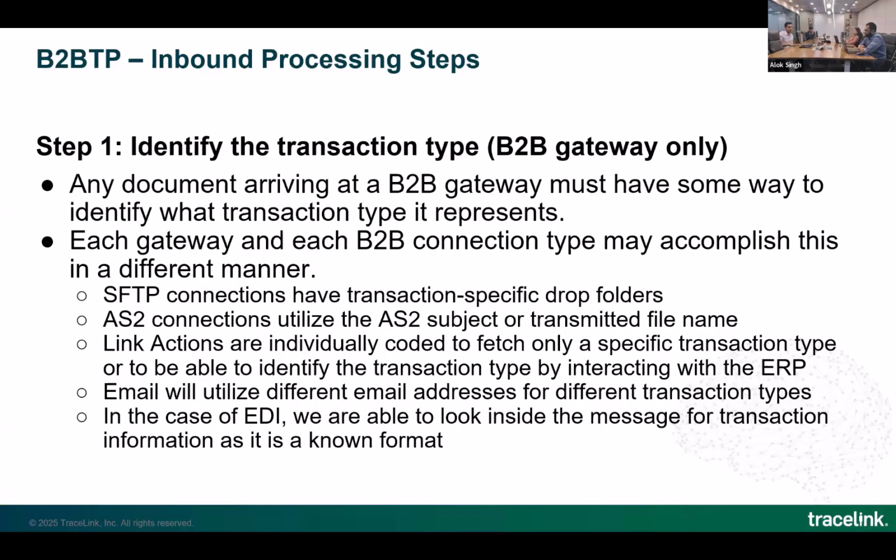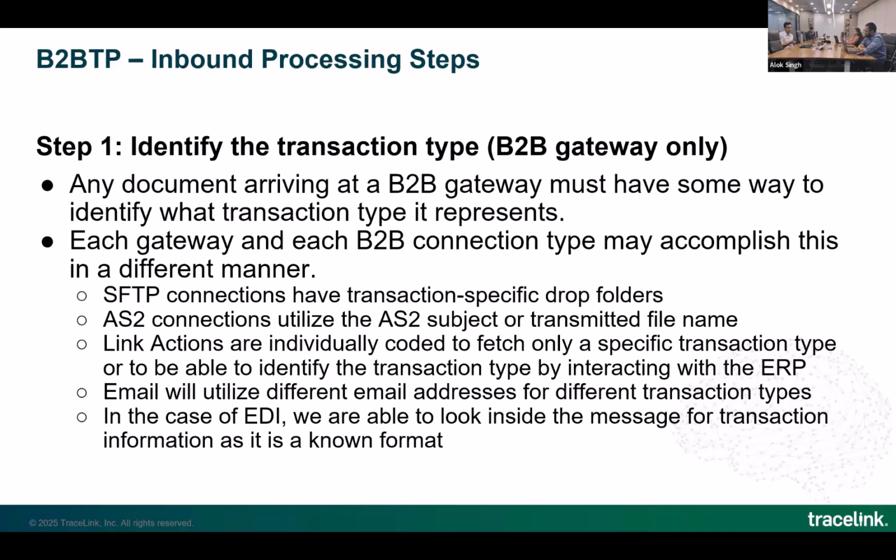If it is X12 or EDIFACT, then I can simply drop every transaction into the XTT_X12 folder, and B2B is smart enough to know what is the transaction type. That's the first thing that B2B does. So that is what it did with our file.